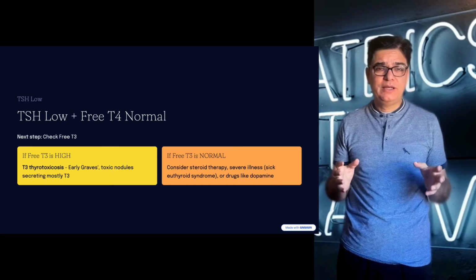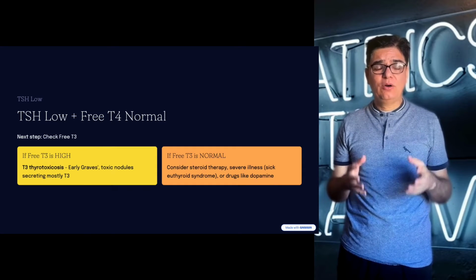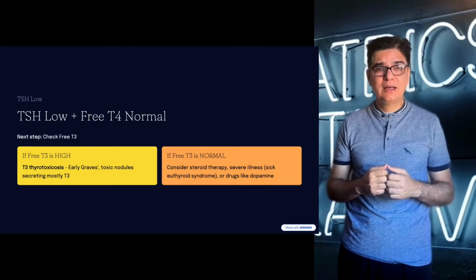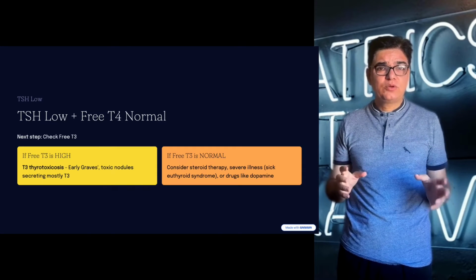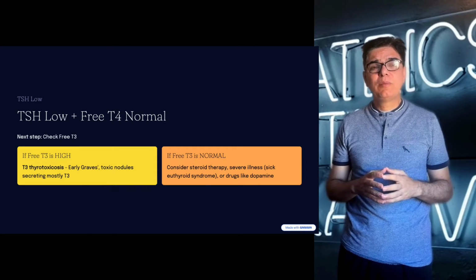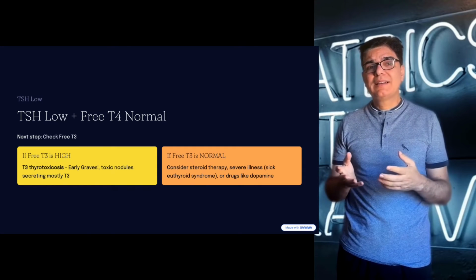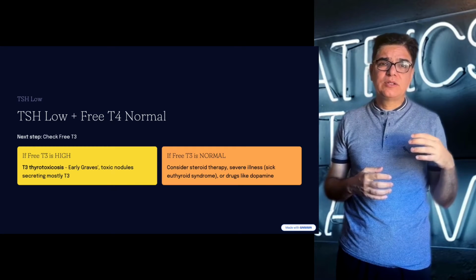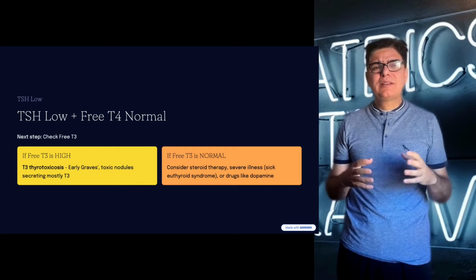But if both free T4 and free T3 are normal, then think about non-thyroidal causes, for example recent high dose steroid use, use of dopamine, or any severe illness. They can all suppress TSH without true thyrotoxicosis. So keep those things in mind.